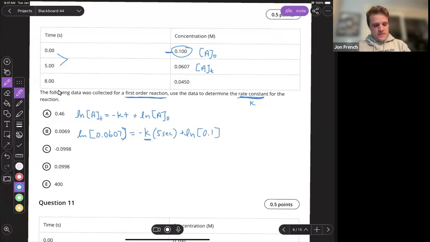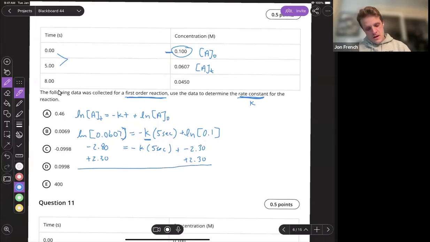Go through, do the natural log of all of those, 0.0607, minus 2.8, minus 2.3. Add this to both sides. And we get a negative 0.5 equals negative k times 5 seconds. Divide by a negative 5 seconds.